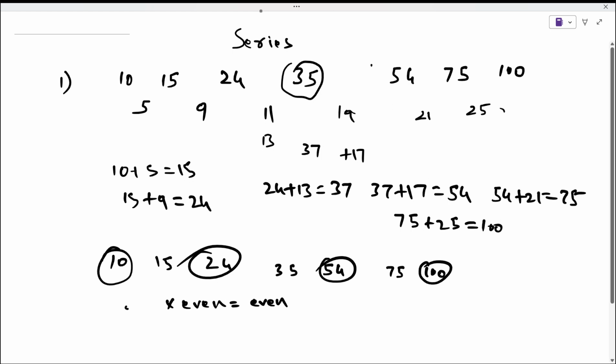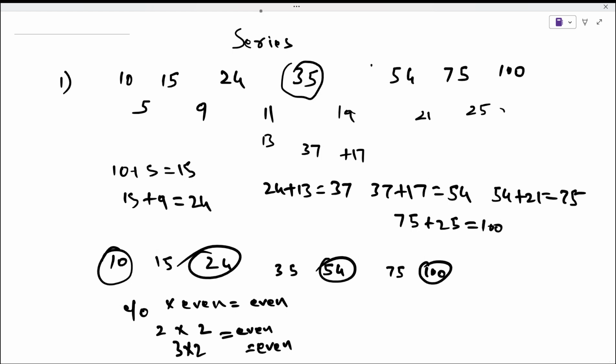For example, 2 into 2 or 3 into 2. Both will result in even. So even multiplication will always result in even. Odd into odd is odd. Even into odd is even. That we all know, right?